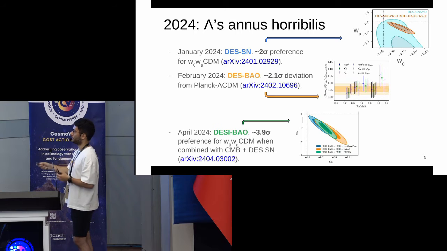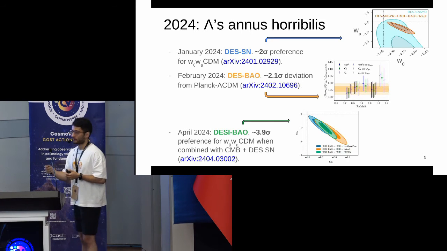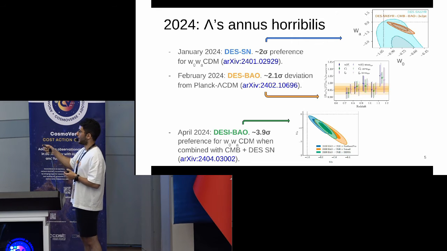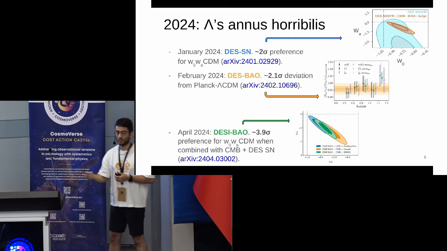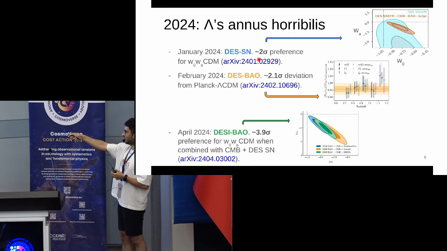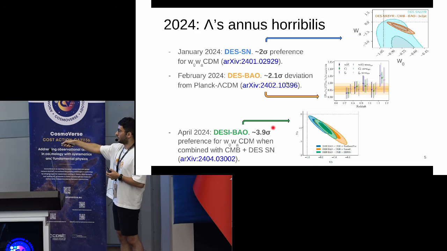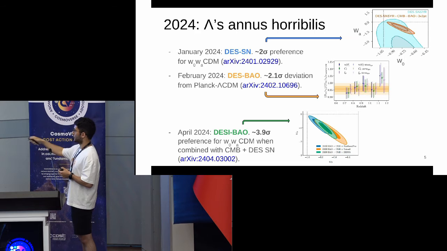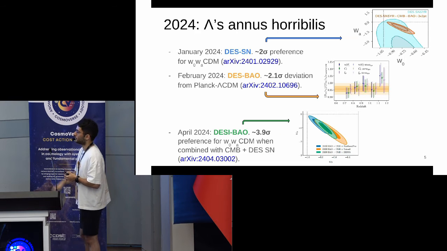And then, of course, DESI released the DESI data release 1 results, or 2024 BAO results. And when combining with CMB and type 1a supernovae, the same supernovae that we released in DES 3 months before, we found a 3.9 sigma preference for w0wa, which was already pointing towards something.